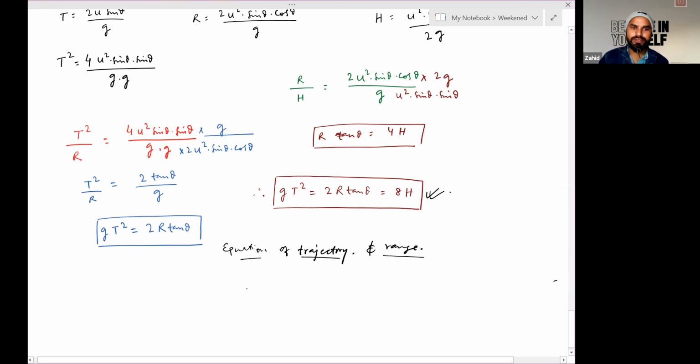The equation of trajectory equals x times tan theta minus g divided by 2 times u square cos square theta times x squared.